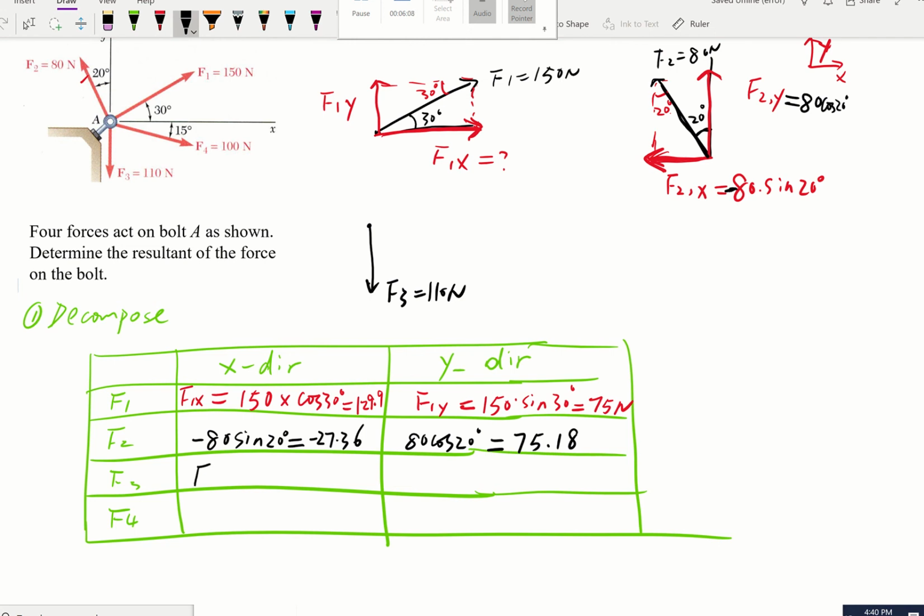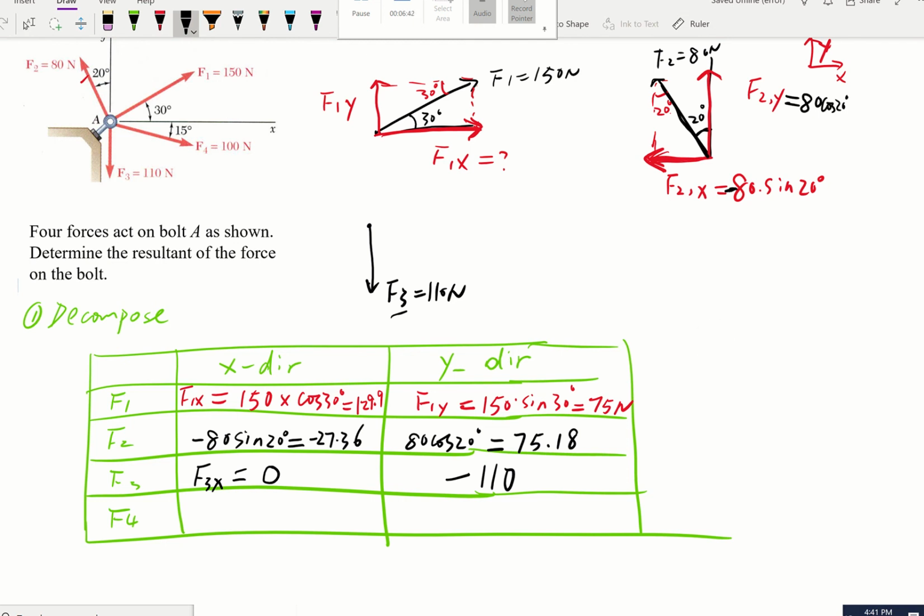What's our F3x equal to? Well, if you think it's 0, you are correct, because the entire force is lined up in the y direction. And for this y component, if you think it's negative 110, you are correct. Why? Because this force is going downward. So be sure to put negative 110 into the table here.